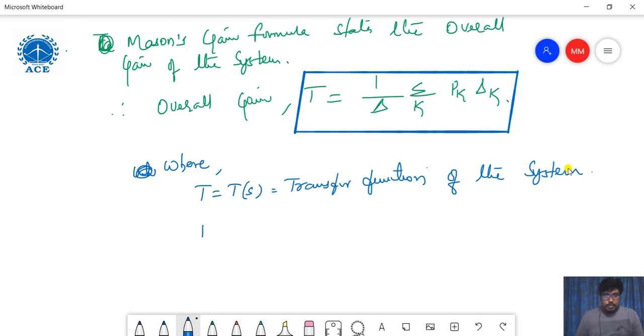Next is Pk. What is Pk? Pk is nothing but the forward path gain of the kth forward path.